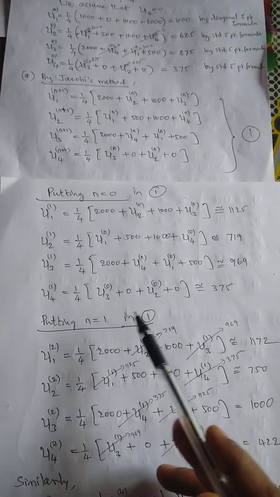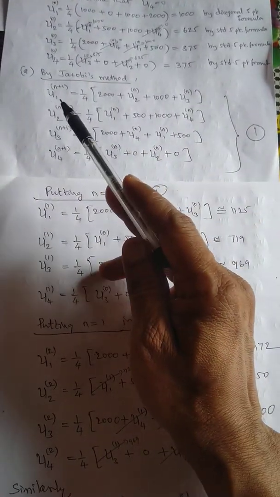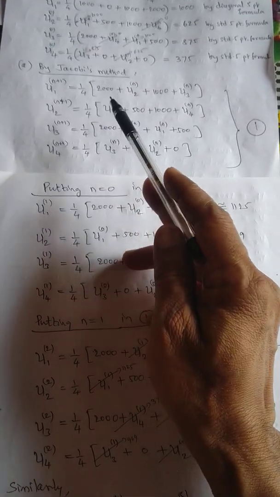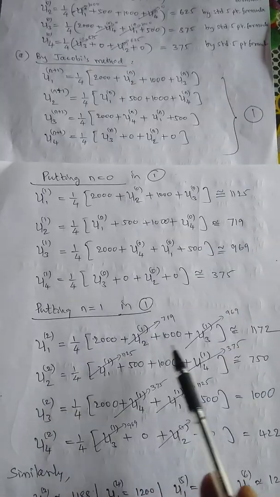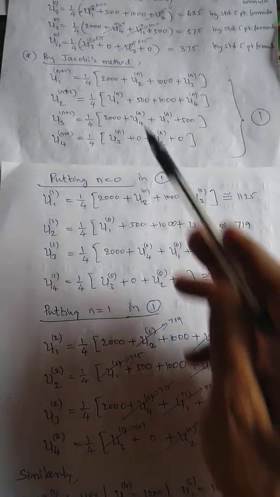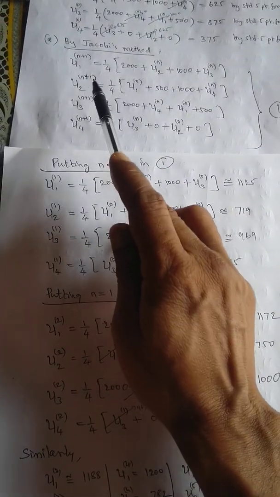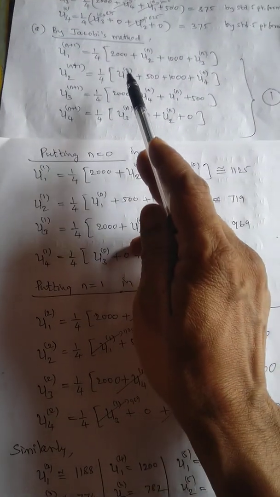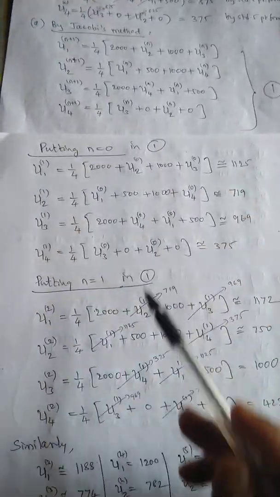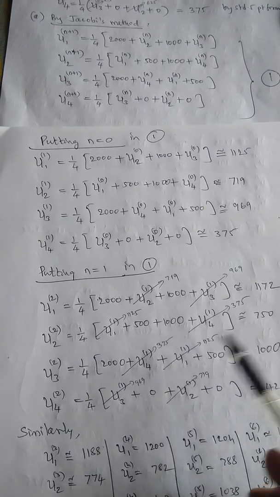Next, putting n equal to 1 in this system, you will get U1 2 equal to 1 by 4 of 2000 plus U2 1 plus 1000 plus U3 1. This is what I have written here. In the second equation, putting n equal to 1, we have U2 2 is equal to 1 by 4 of U1 1 plus 500 plus 1000 plus U4 1.